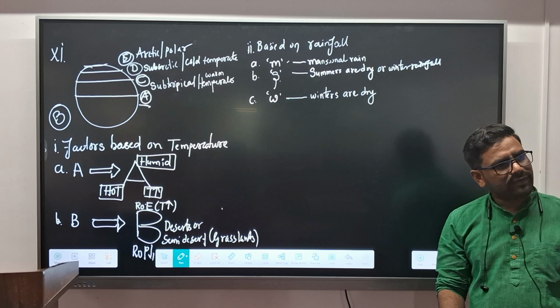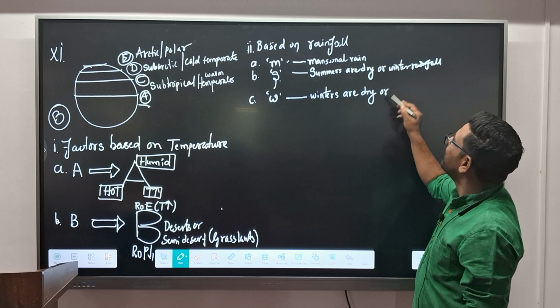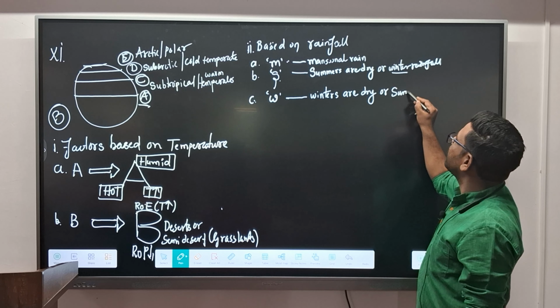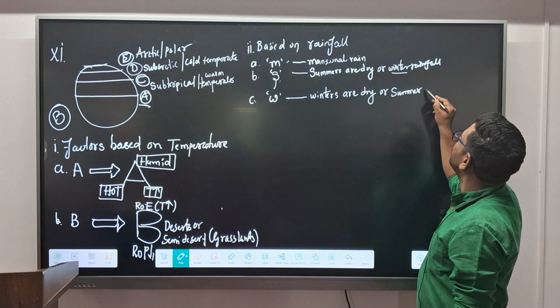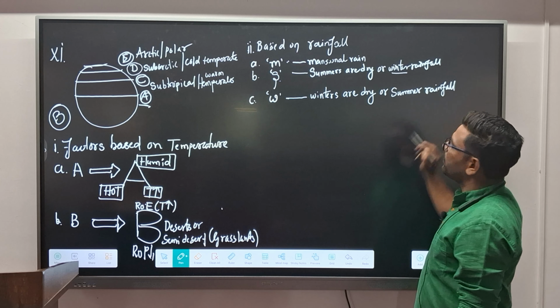That means they are receiving rainfall in summer. Opposite, that's all. It is very important, trust me. Summer rainfall. Clear?